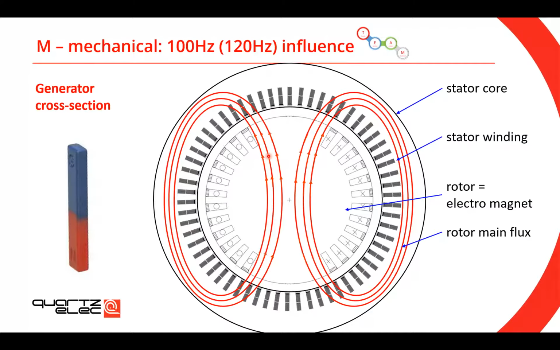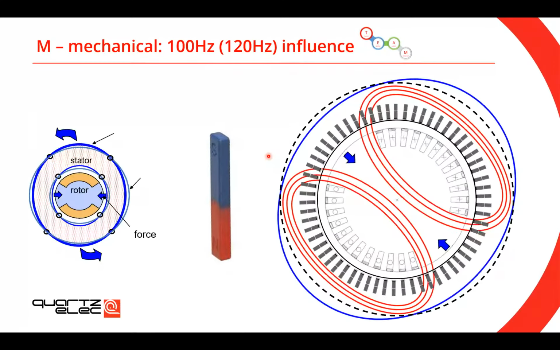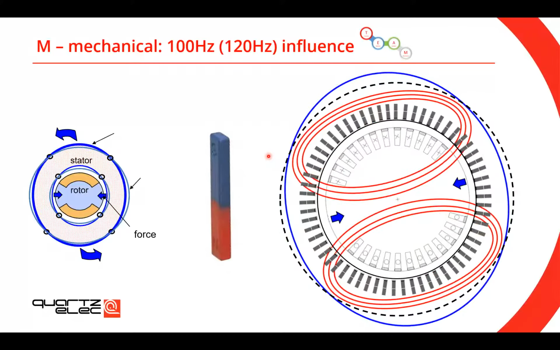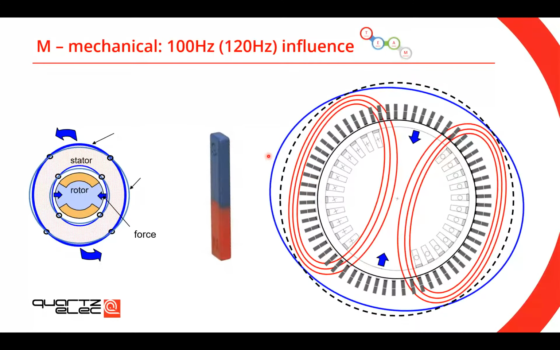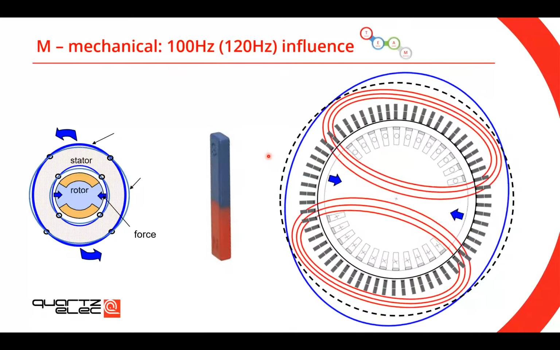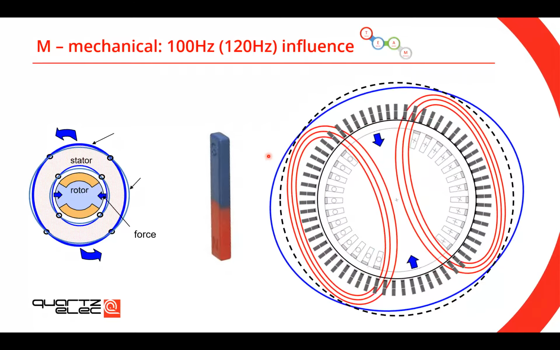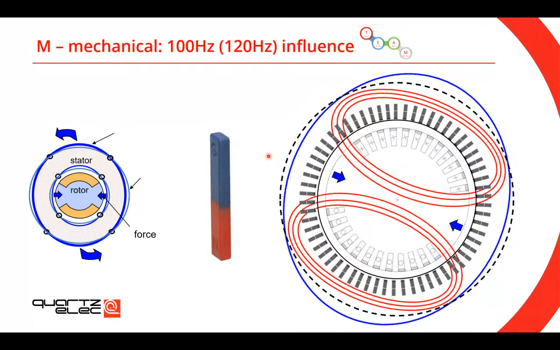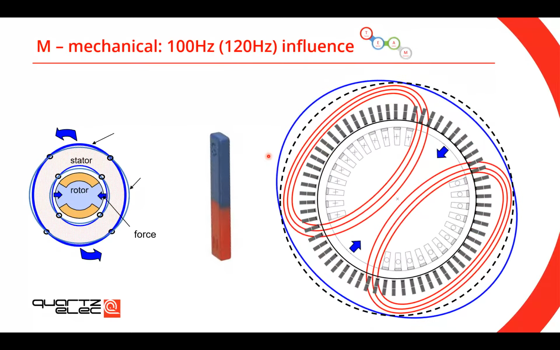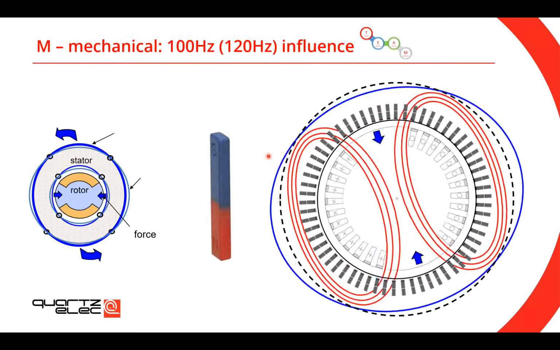And because of that main flux that is rotating at 3000 RPM, your stator housing and stator core will go slightly oval at 100 Hertz frequency. And it's very unfortunate that the natural frequency of the stator end winding is also close to 100 Hertz.